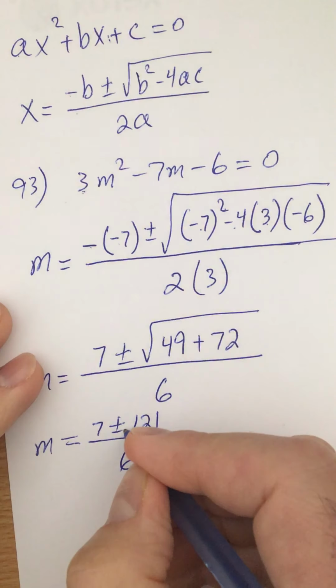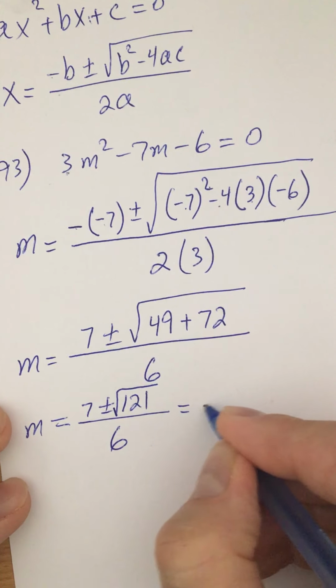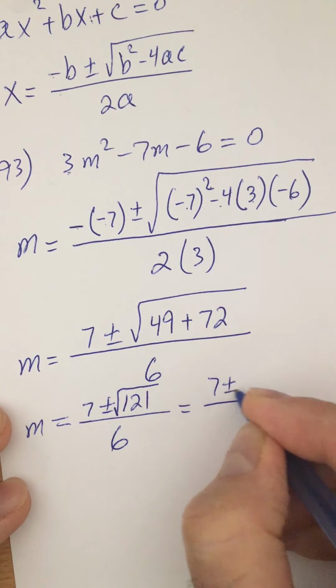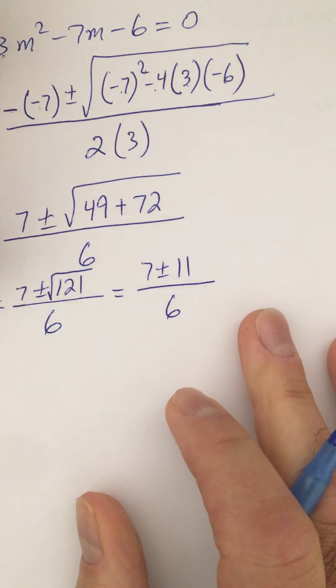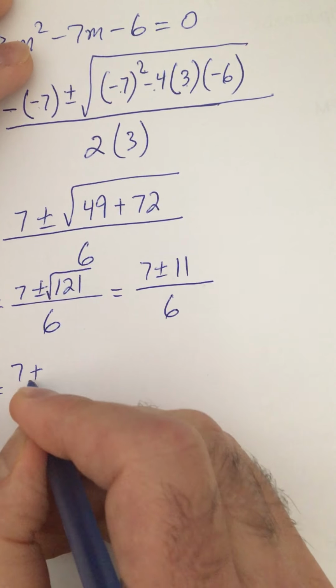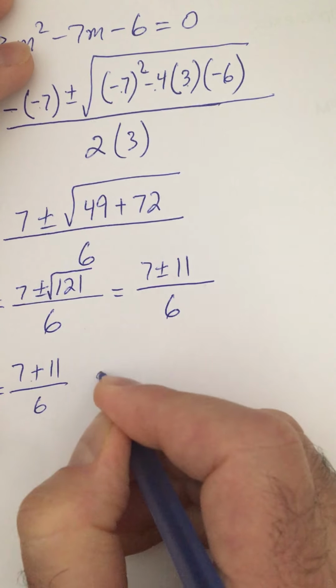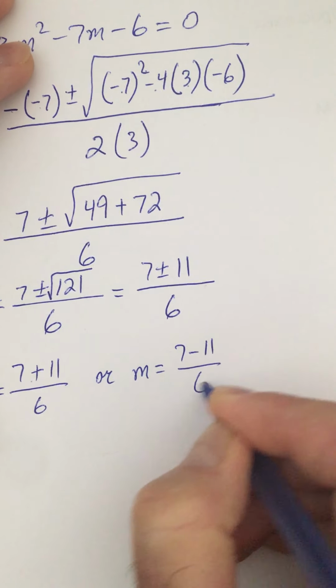Oh, sorry, square root of 121. Oopsie. So what's the square root of 121? That's a perfect square, which is 11. So the square root of 121 is 11. Fortunately, no decimals. Okay, so we have 7 plus 11 over 6, or we have 7 minus 11 over 6.